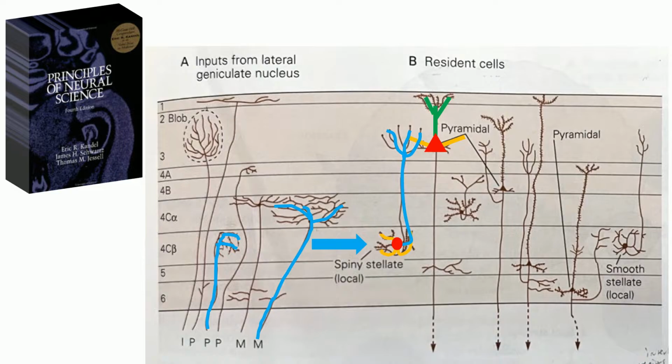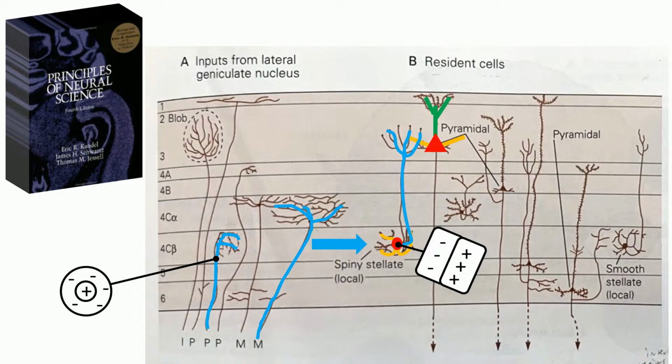The lateral geniculate cells have receptive fields that are not tuned to edges. Instead, they are tuned to center-surround contrast. The layer 4 interneurons sum inputs from many of these LGN cells, whose receptive field locations are strung along a line. This makes these layer 4, quote, simple cells responsive to edges at a particular location and orientation.